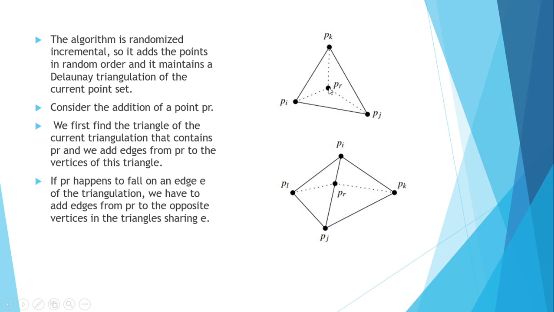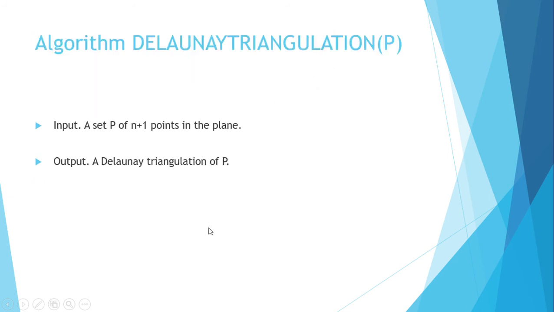That is, if PR is inserted into the triangle PiPjPk, it will be split into these three triangles. If PR is on the edge of a triangle, the two triangles sharing the edge have to be split into four triangles, like this. This is simple. I'm going to the next thing.